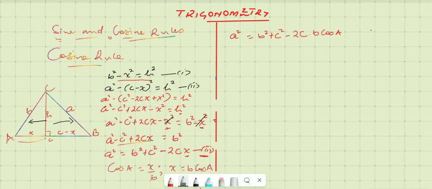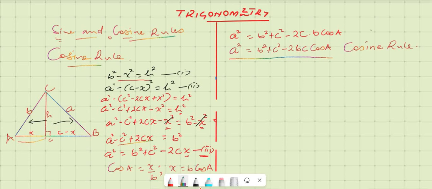Therefore the conclusion is that a squared equals b squared plus c squared minus 2bc cos A, and this is what we call the cosine rule.